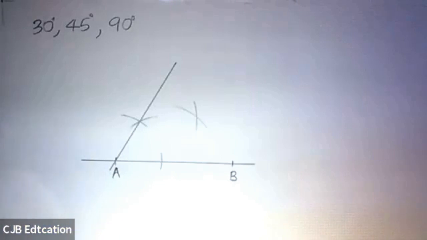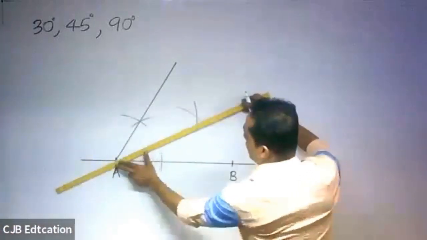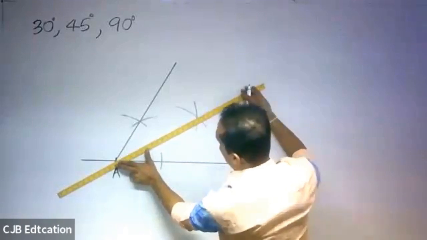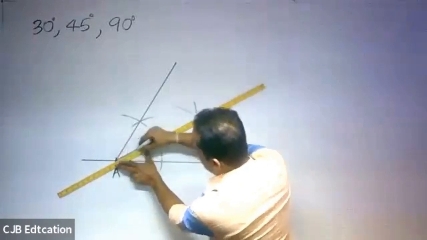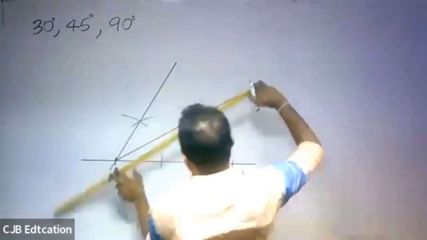Now we have bisected that 60 degree angle. If we bisect it, each angle is 30 degrees. Is that clear now? Yes. This is the angle 30.